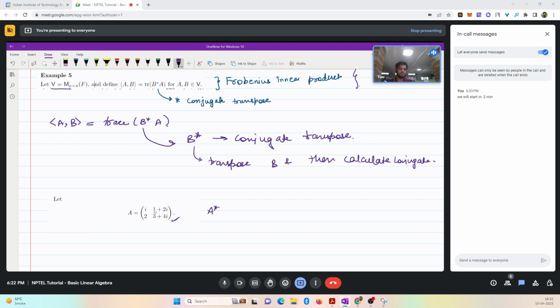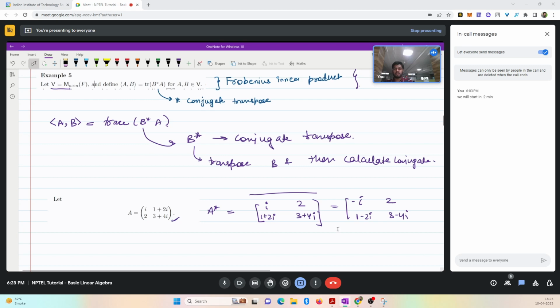Then what A star would mean is that first of all you need to take the transpose, that is it would become i, and this would become 1 plus 2i. Okay, this would become 2, this would become 3 plus 4i, and then you need to take the conjugate of every element. So it would become minus i, this would become 2, this will become 1 minus 2i, and this would become 3 minus 4 iota. Okay, so this is what is defined as conjugate transpose.